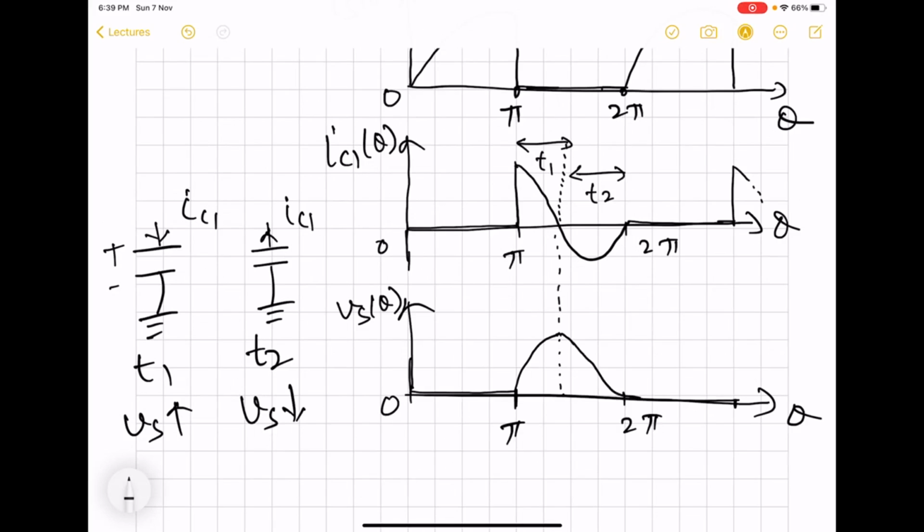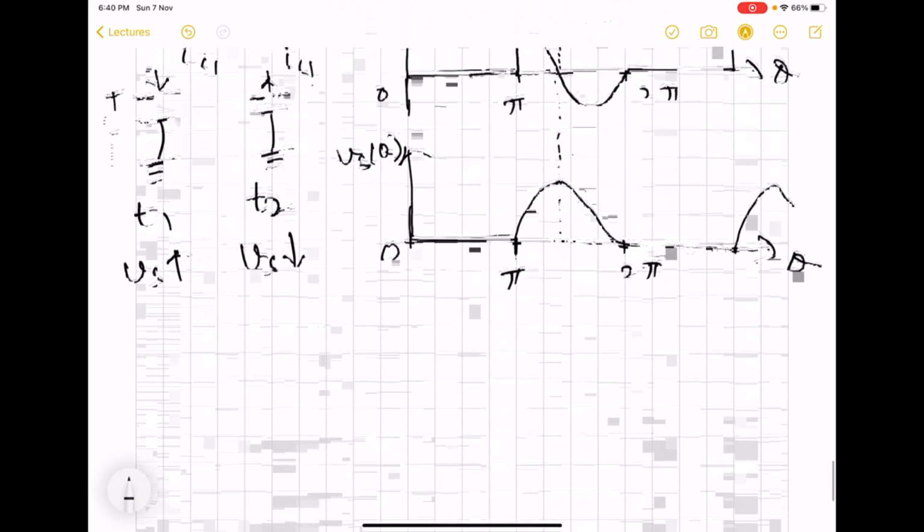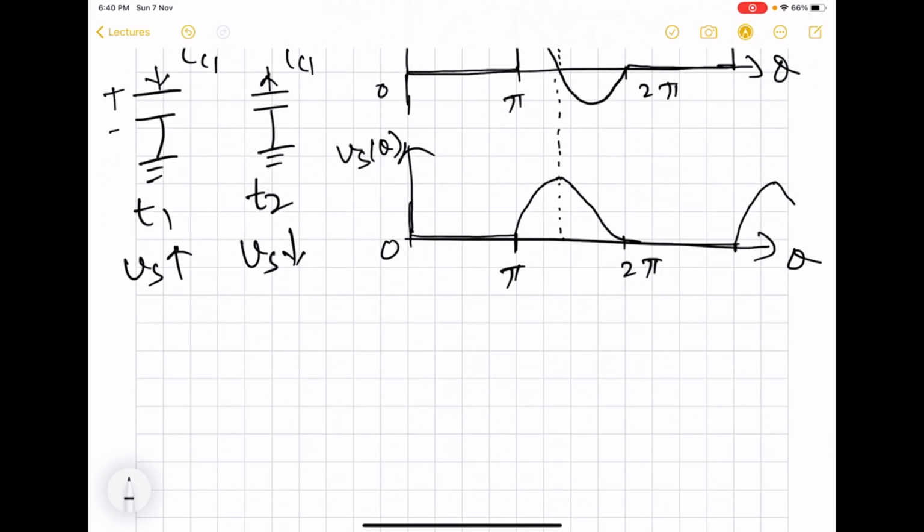So what we have shown here is the waveform that we will be studying or analyzing, but there are certain variations of this waveform possible. For example, what we have shown here is a switch voltage equal to 0 at 2 pi.